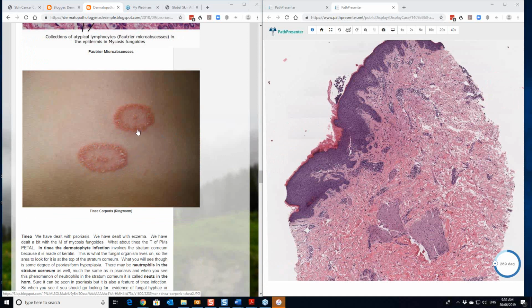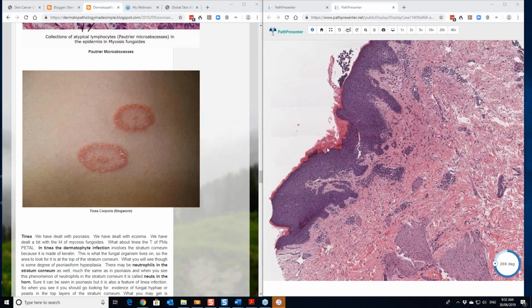But if you do a biopsy of a tinea, how might it look like psoriasis? Well, let's have a little look over here. You can see there's a degree of acanthosis here. There's some overlying keratin.